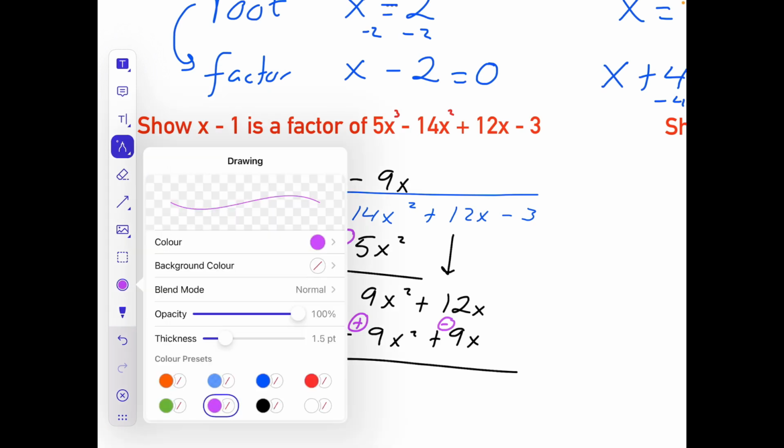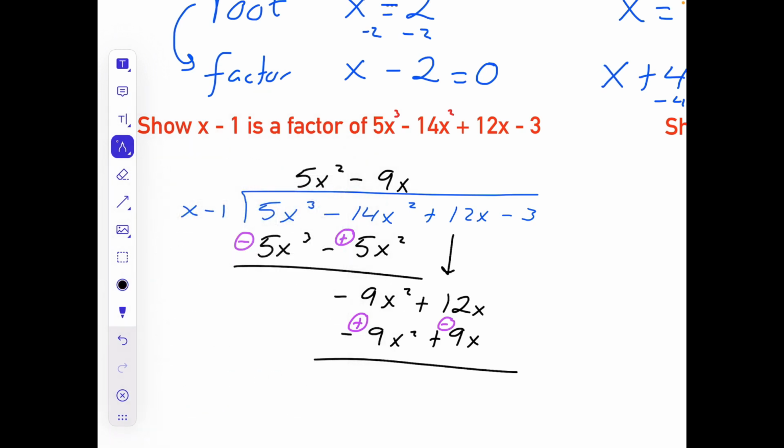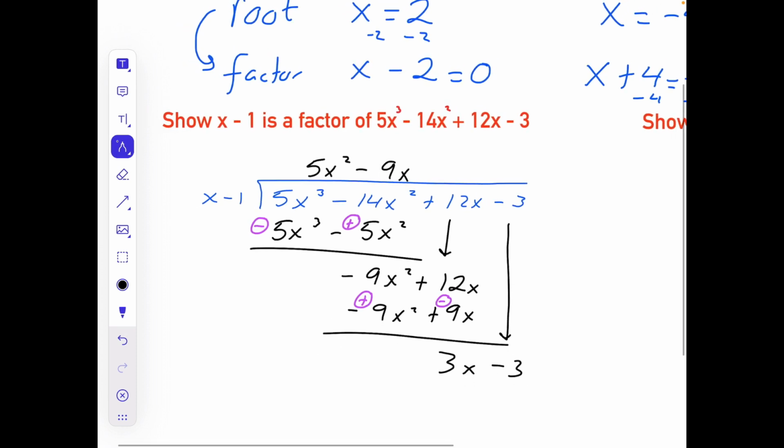Draw your line, change your sign. So we then get minus 9x squared plus 9x squared cancel out. 12x minus 9x, that'll give me 3x. And we'll bring down the last number. And then what would you multiply x by to get 3x? You multiply it by 3.